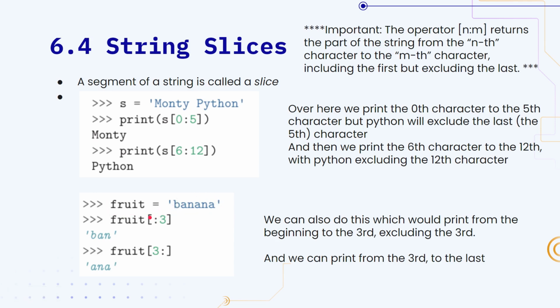If we want to slice from the beginning to index 3, which means, if there's nothing there, it means the beginning, it would be 0, 1, 2, 3, excluding 3, so we just get ban, which is here. And if we want to slice from 3 to the end, and there being no number in the second place means the end, you would get ana, because you start at 3, which is A and A.